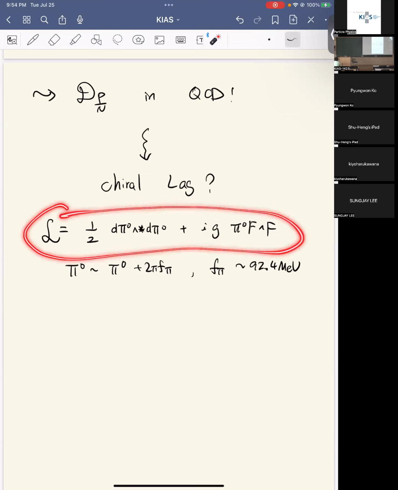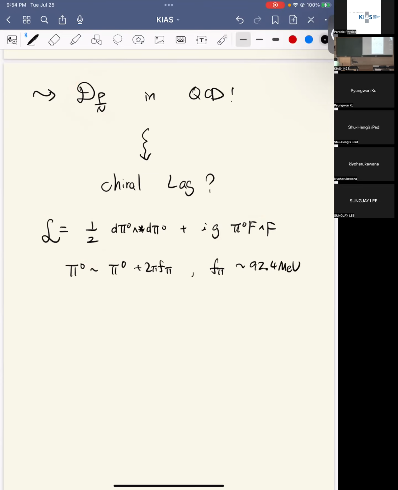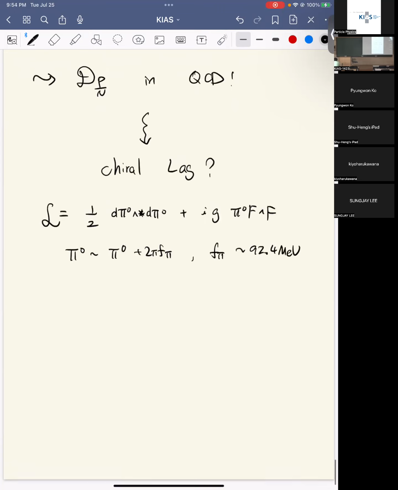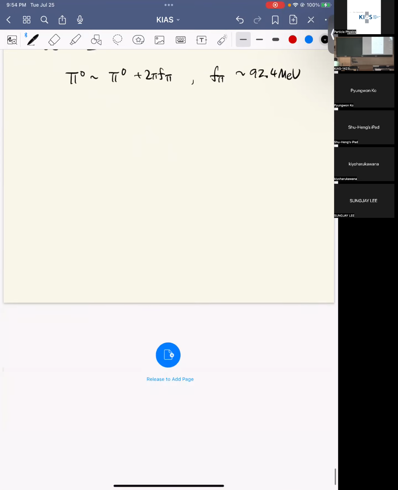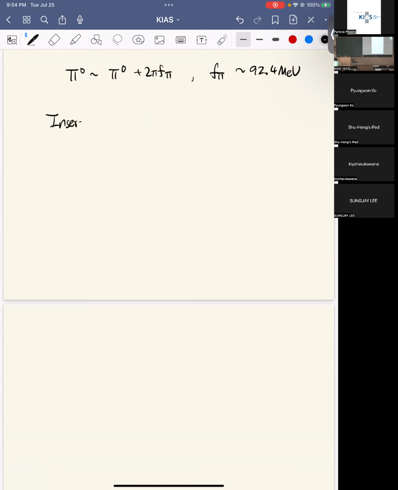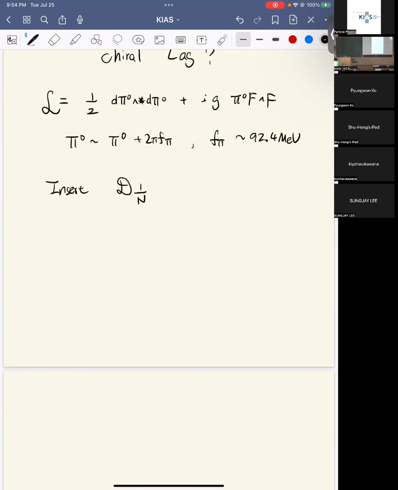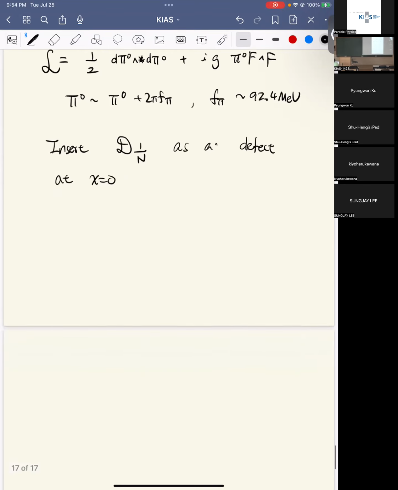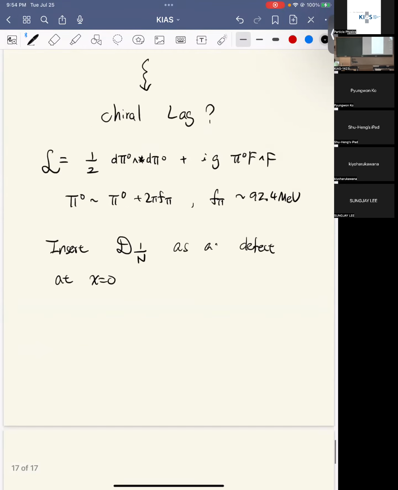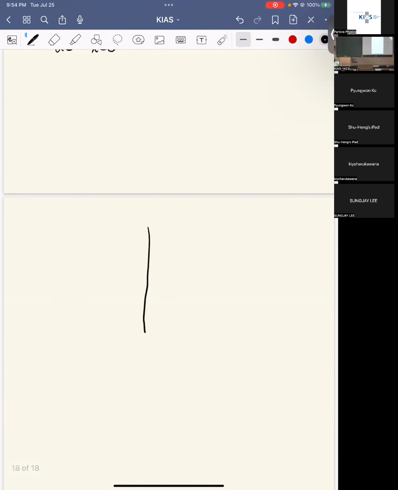So how does this chiral Lagrangian capture the non-invertible symmetry? Now, there's a very nice calculation you can do. You basically insert this operator D. In fact, let me just focus on the case when P is 1. You just insert this D as a defect at x equals 0. So what do we have? We have a defect at x equals 0.